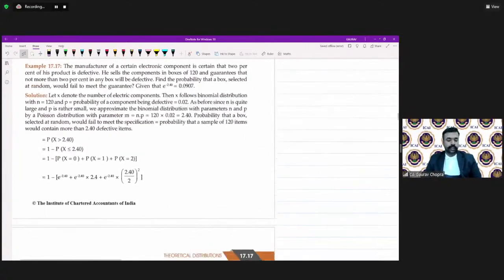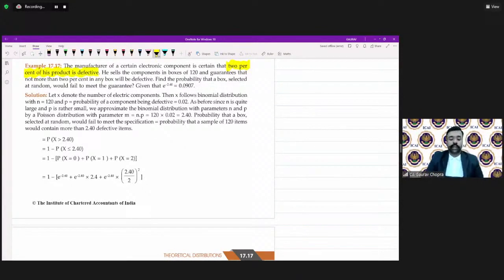Now let's do the 17th question. The manufacturer of a certain electronic component is certain that 2% of his product is defective. So what is given? The percentage of defective.